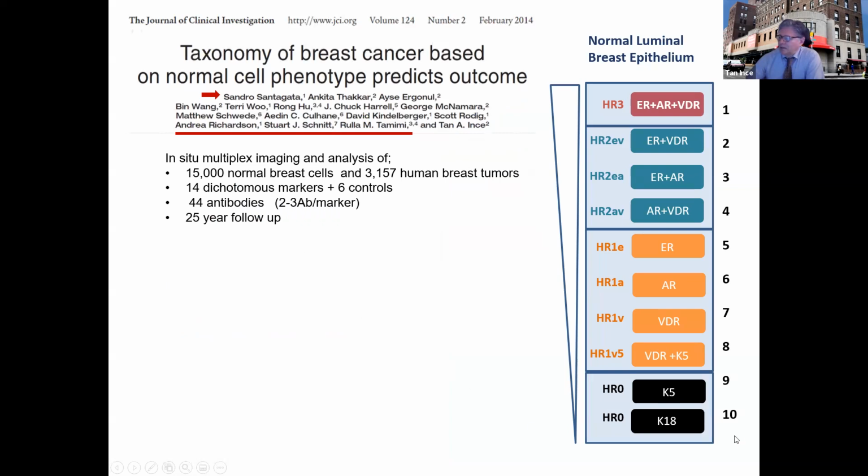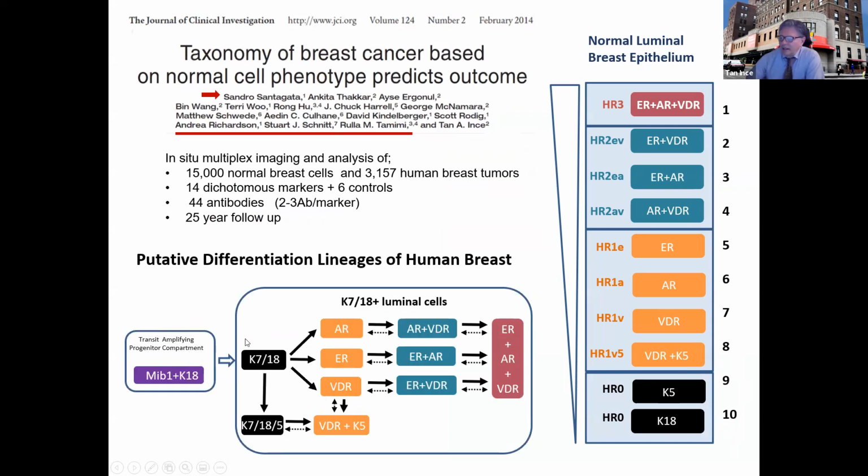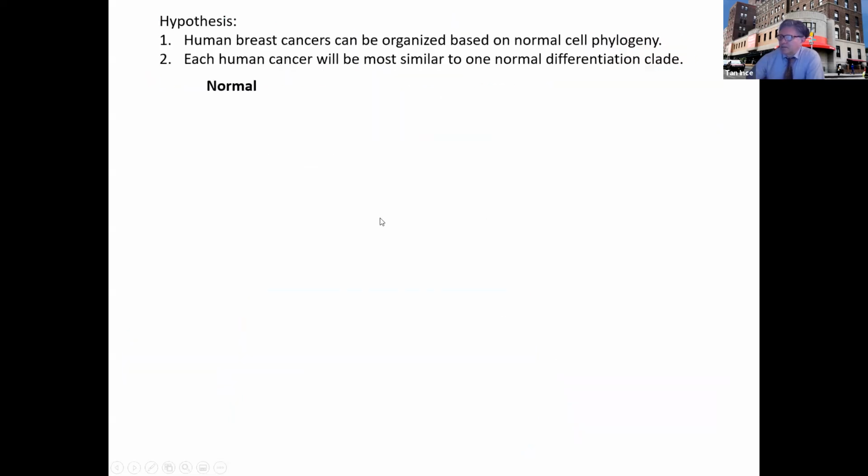And based on this, we discovered that there are 10 cell types in normal human breast, and that they have a differentiation relationship. The most differentiated cells co-express estrogen, androgen, and vitamin D receptors. So we call them triple hormone receptor positive, or HR3, and the cells that do not express any of these hormone receptors, we call HR0, being negative for all, and then you have all the permutations.